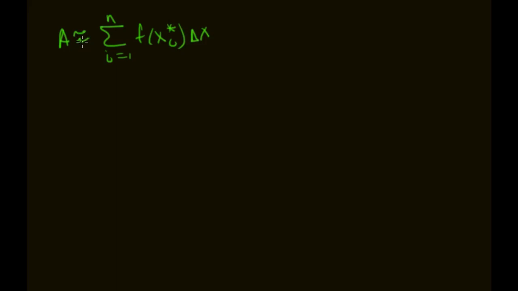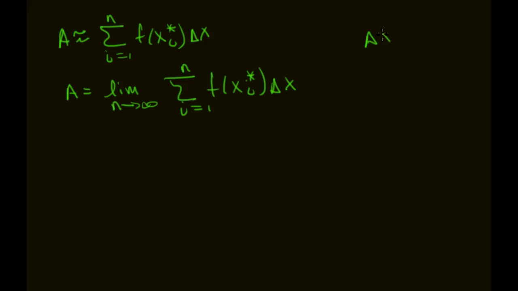Now, I can change that from an approximation to an actual by throwing a limit in there, right? So that's the limit as n approaches infinity of the sum from i equals 1 to n of f of xi star times delta x. Remember, in this, delta x is equal to b minus a over n. All right, so this notation we're familiar with.